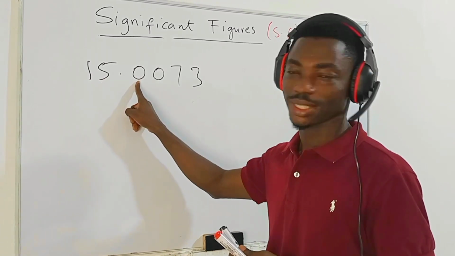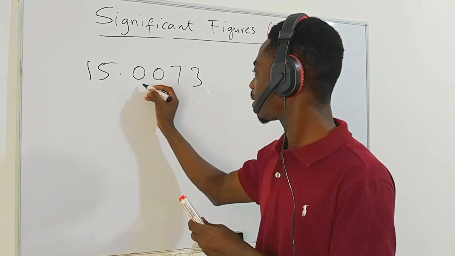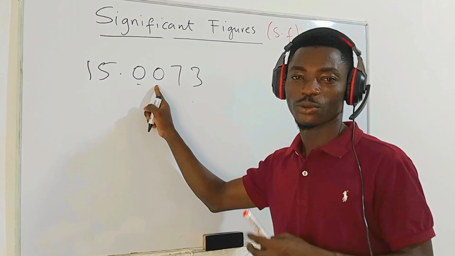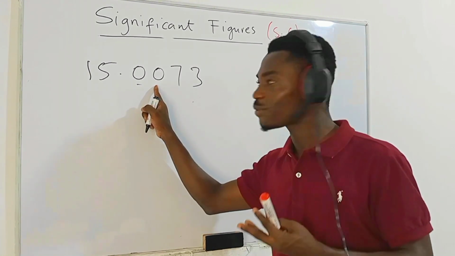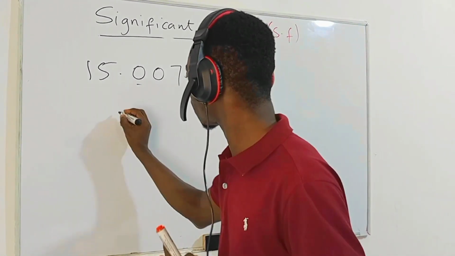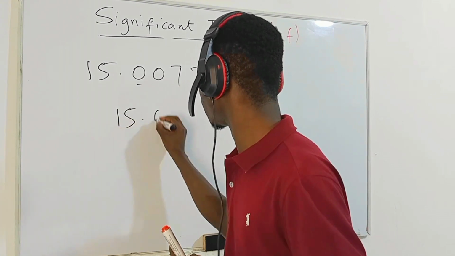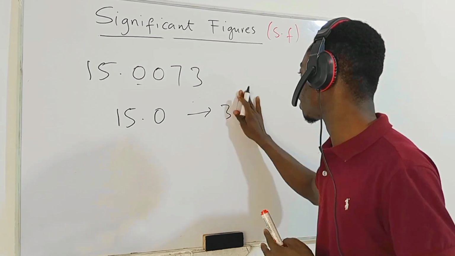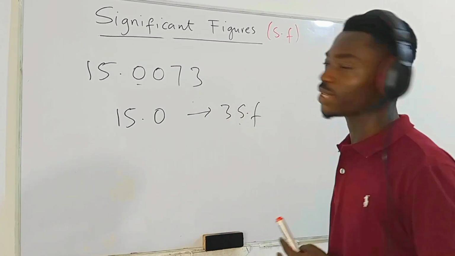We landed on this 0 right here. Okay, now the number that is next to this 0 is still 0, which is obviously less than 5. Therefore, this number in 3 significant figures is going to be 15.0, and this is in 3 significant figures, as simple as that.